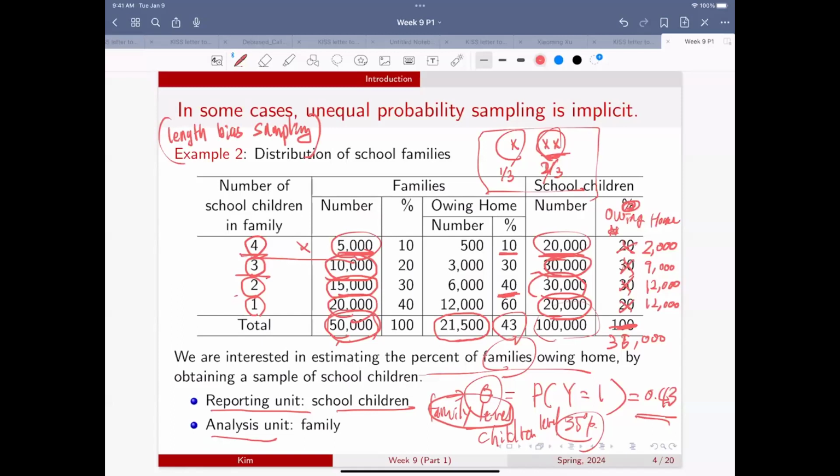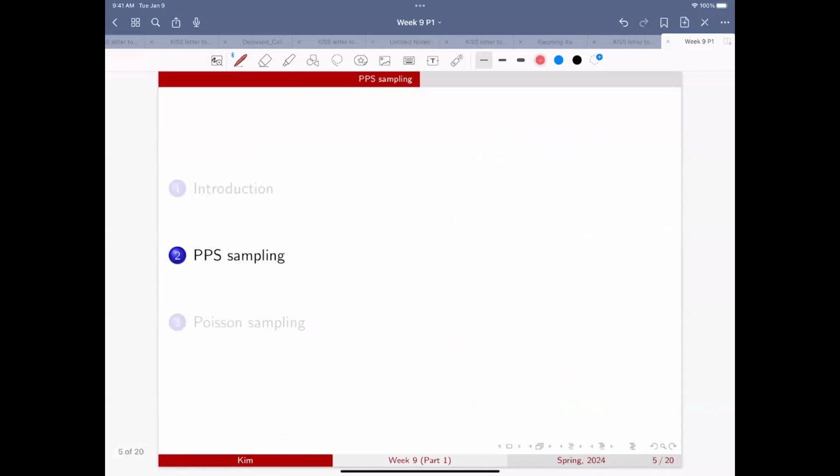Length bias sampling. Basically, suppose you have farms of different sizes, and you randomly select one farm by throwing a dot at random.